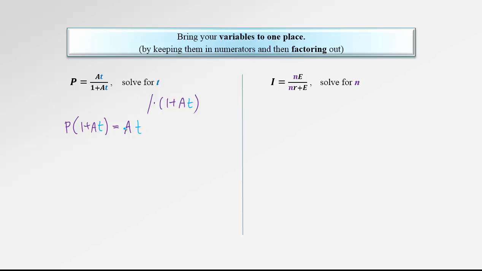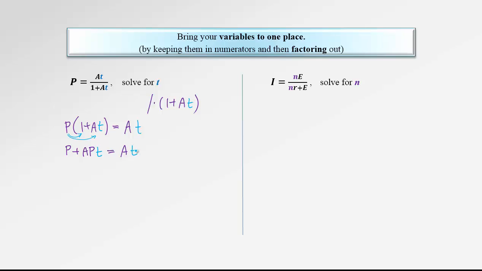Great, so now we see t at the same level. That's already good, but we need to bring those t's to one and the same side. How to do that? Well, we need to unpack this bracket to reach the t from inside the bracket, right? So let's multiply by p first. That will give us p plus apt equals at.